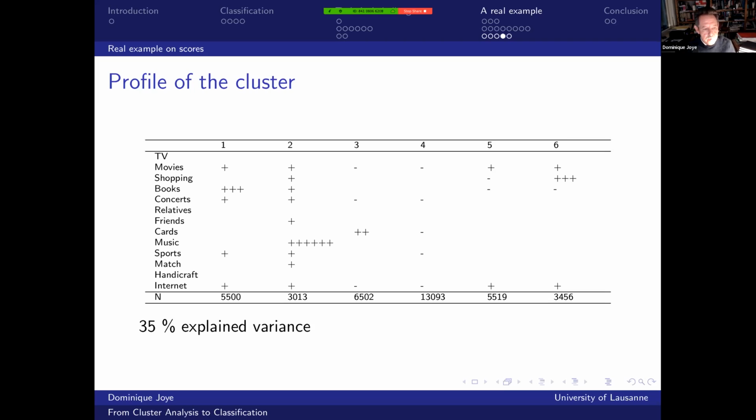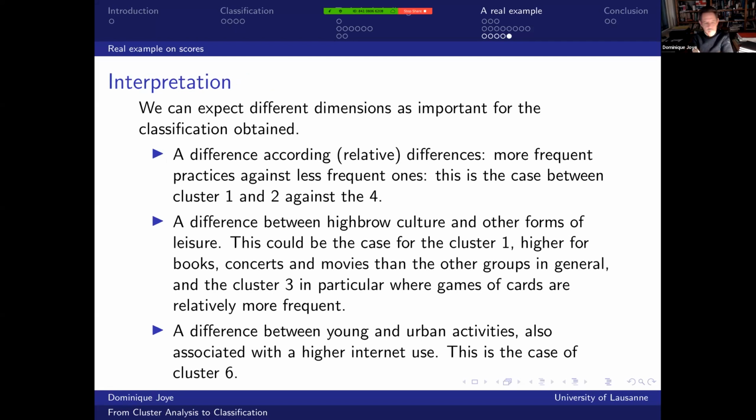Do I answer the question? Yes. Okay. So that's the interpretation that I have. The important point is, even if I was probably not totally convincing, that you need some theory about what explains cultural behavior, leisure behaviors.